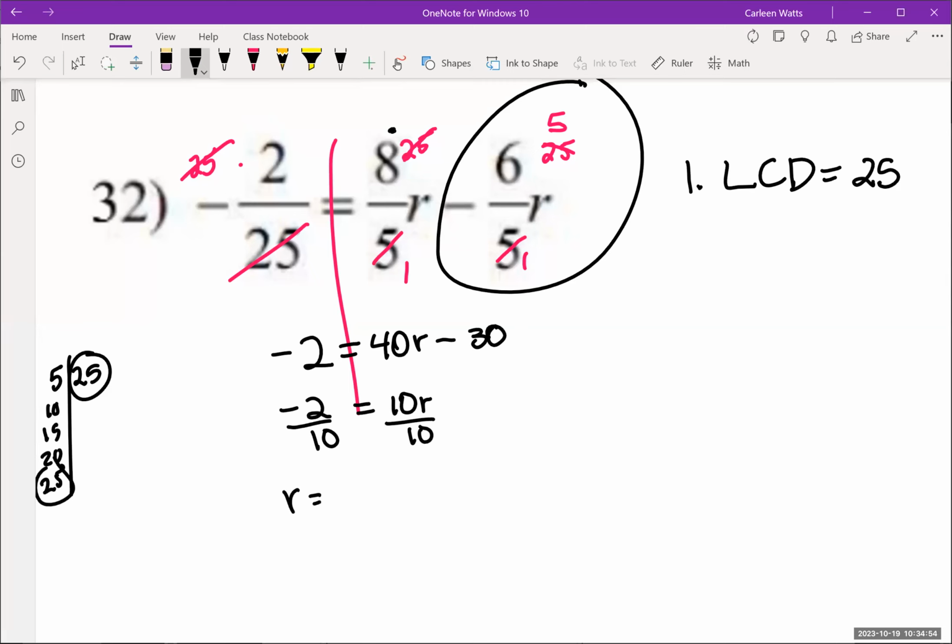R is equal to negative. Oh, reduce. What is 2/10 reduced to? 1/5.